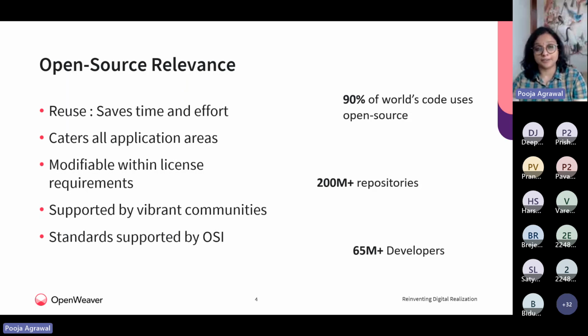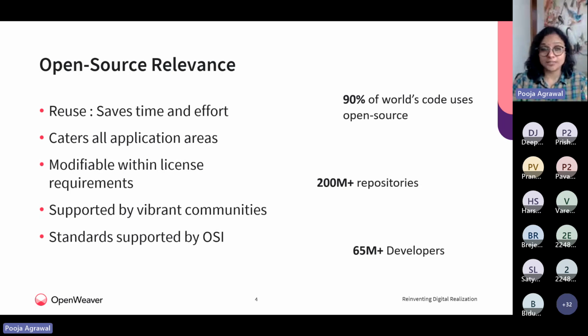It helps us save time and effort. Also, you are able to get applications in all spheres of life. The only thing you need to check are the license requirements. Whatever you are taking for your own particular use should be under a permissive license.